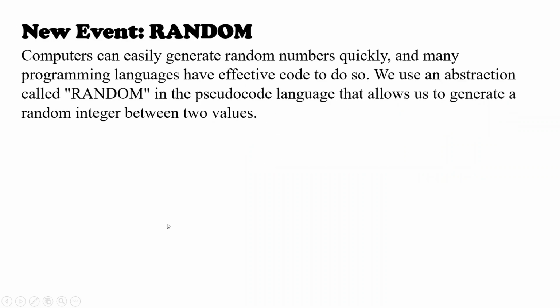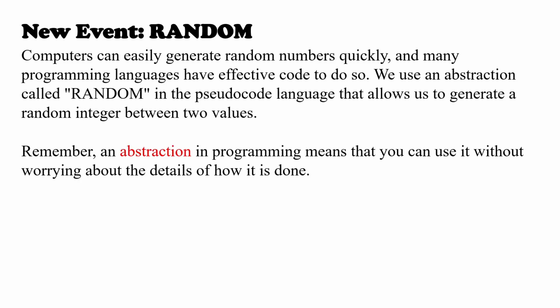The last thing I want to talk about is unique to the CSP exam, and it's called the random function or the random procedure. Now, computers generate random numbers very quickly, and many programming languages have code already created so that you can do that. We use an abstraction in the pseudocode called random that allows us to randomly generate an integer between 2 values.